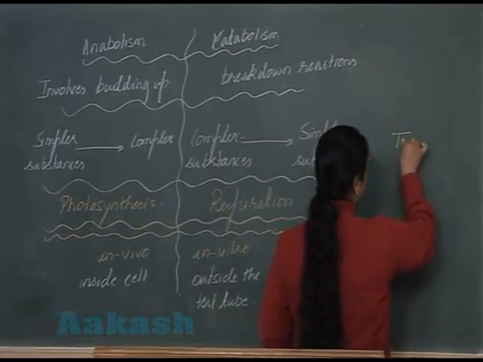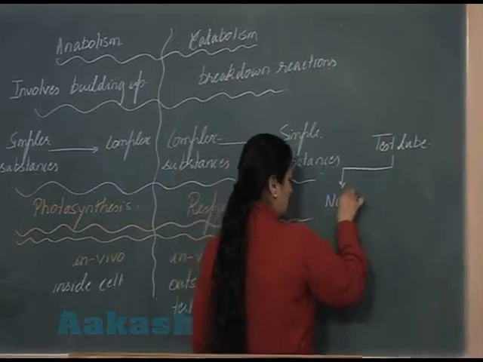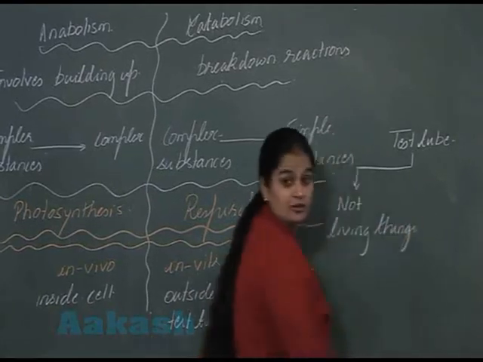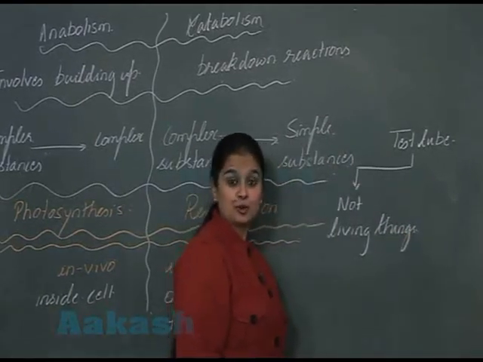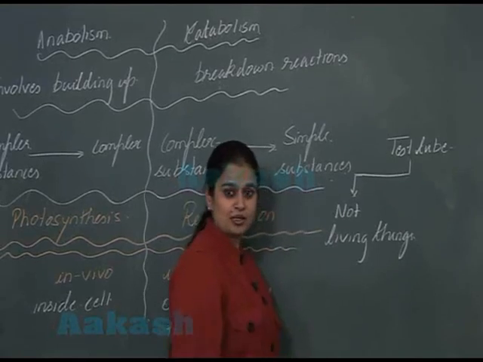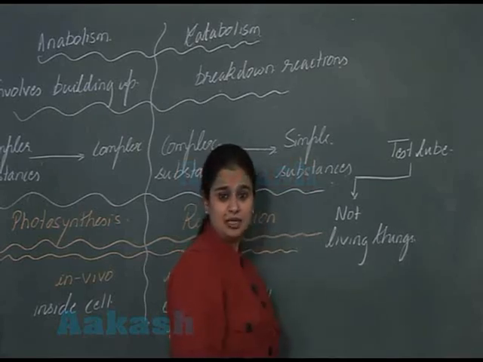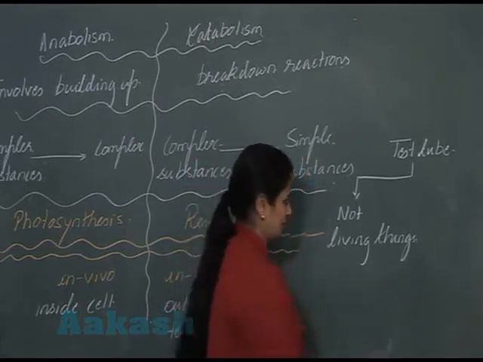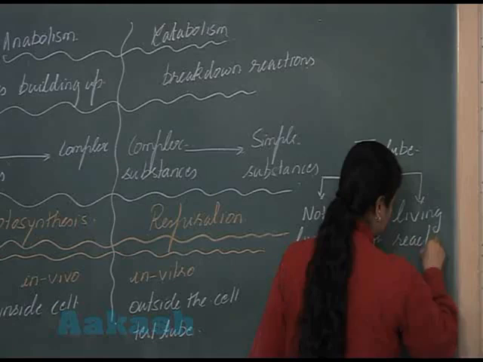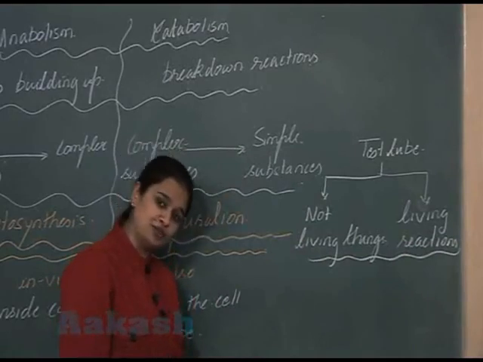So the reactions occurring in the test tube are not living things, but they are surely living reactions, because for these reactions to occur, there is requirement of a component of the cell, that is enzyme, the biological catalyst. So these reactions are living reactions. This point is very clear to all of you.